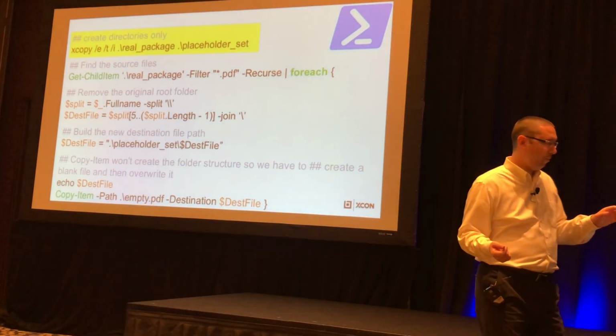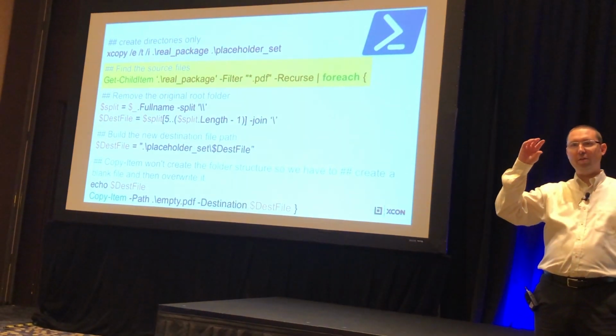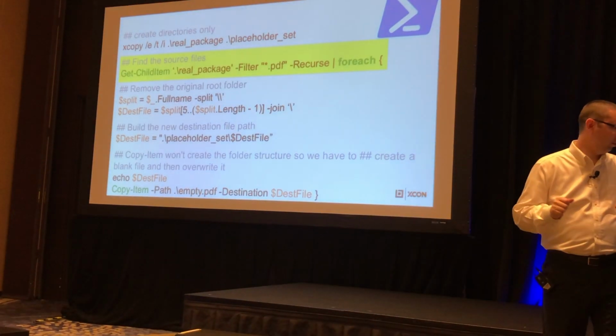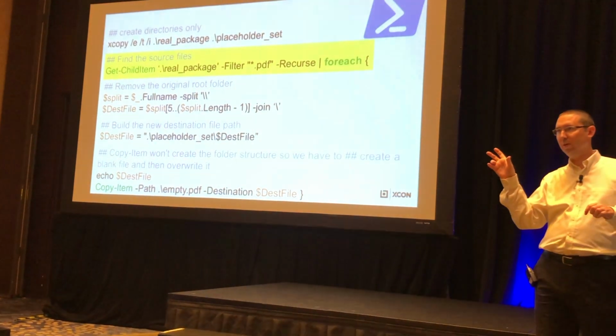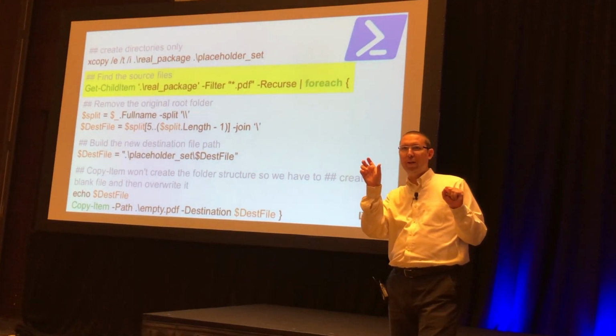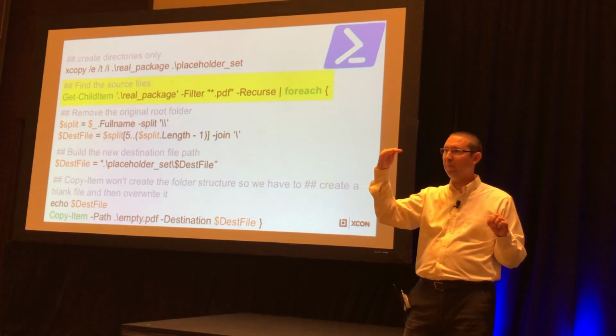And then after that, this PowerShell commandlet just starts at the top of the package folder, which in my case, we have the real package folder, and then we have the placeholder folder as the other one, right? So it just starts at the top of the real package folder and goes through each folder and gets each file one by one.